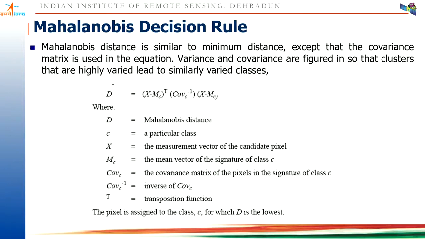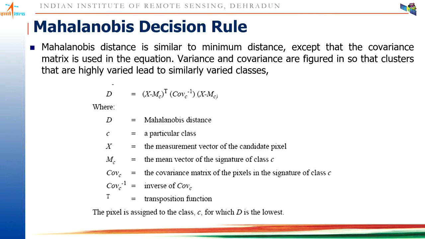Now, another decision rule is Mahalanobis decision rule. Mahalanobis decision rule is similar to minimum distance, but as in minimum distance we have seen that we are not using the class variability. The standard deviation is not being used. Here in the formula, while calculating the distance, we are using the covariance matrix also.